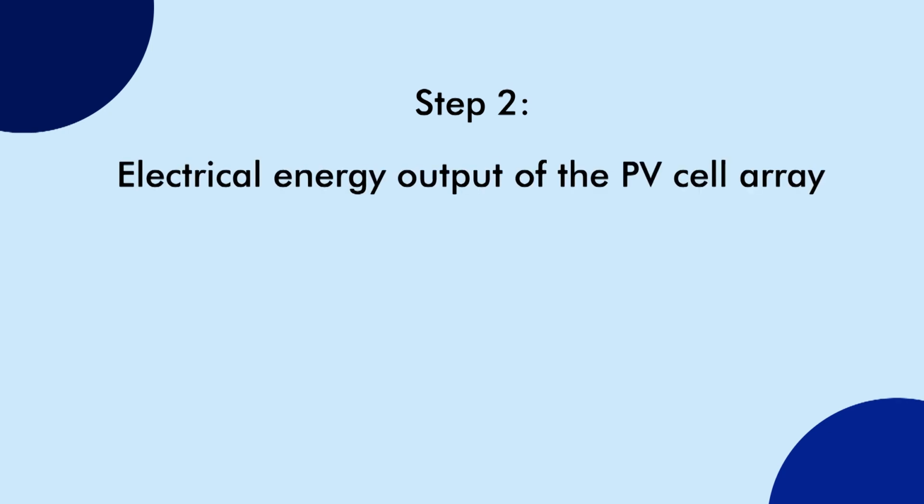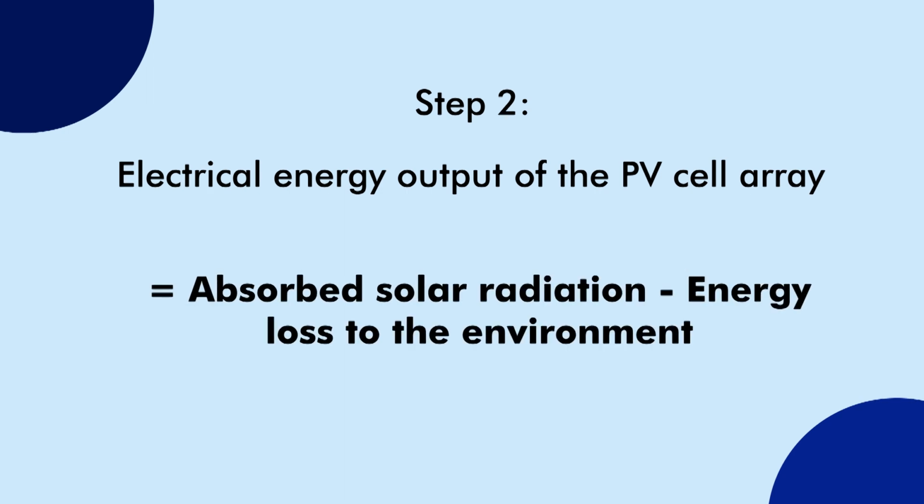The second step is to calculate the electrical energy output of the PV cell array. The electrical energy output of the PV cell array is the difference between the absorbed solar radiation and the energy lost to the environment. So the electrical energy output is equal to the absorbed solar radiation minus energy lost to the environment.